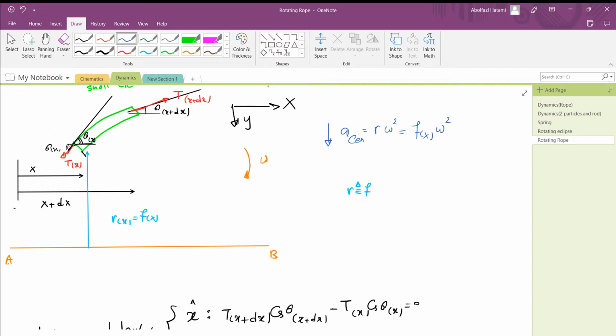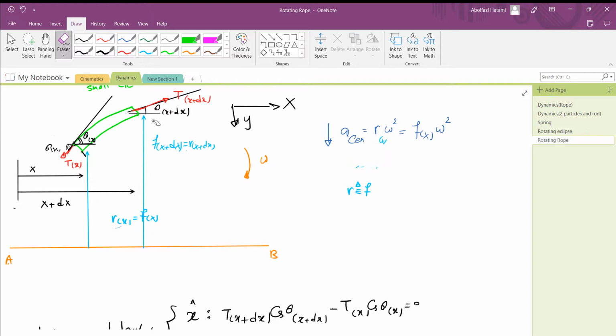But why did I take this r? Because we have two r's. You may ask the question, why did you write r of x here, and not r of x plus dx?